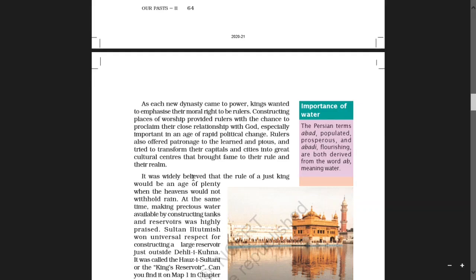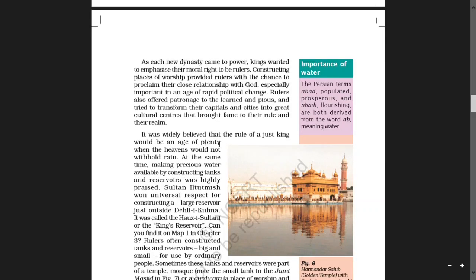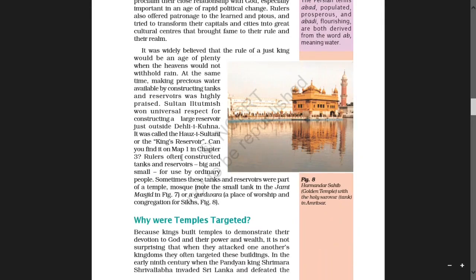It was widely believed that the rule of a just king would be an age of plenty when the heavens would not withhold rain, that is, when the heavens do not refuse to give rain.